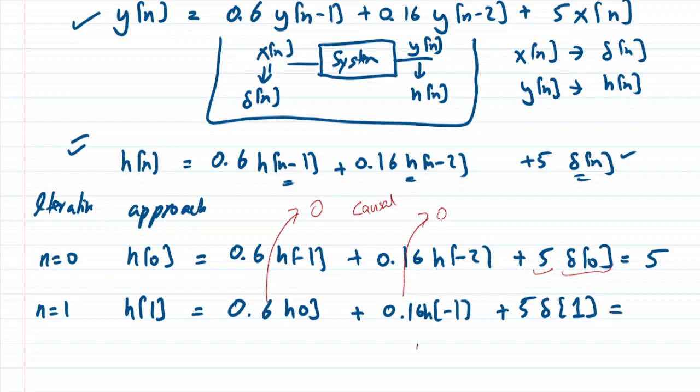Again, because of causality, h of minus 1 would be 0. Though h of 0 is now 5, so 5 would be multiplied by 0.6. This yields simply a 3, and delta of 1 is 0 because delta is only available at time 0, right? At time 1 the value is 0. So overall we have 3.